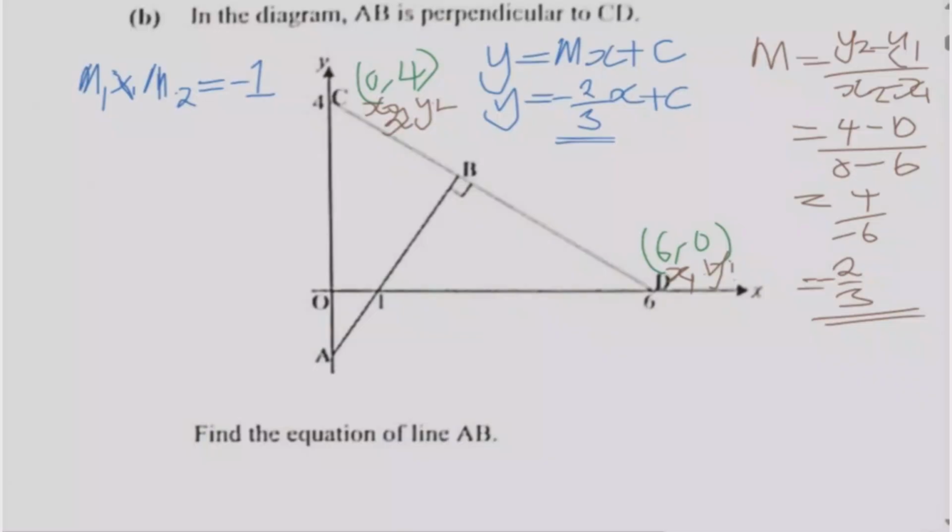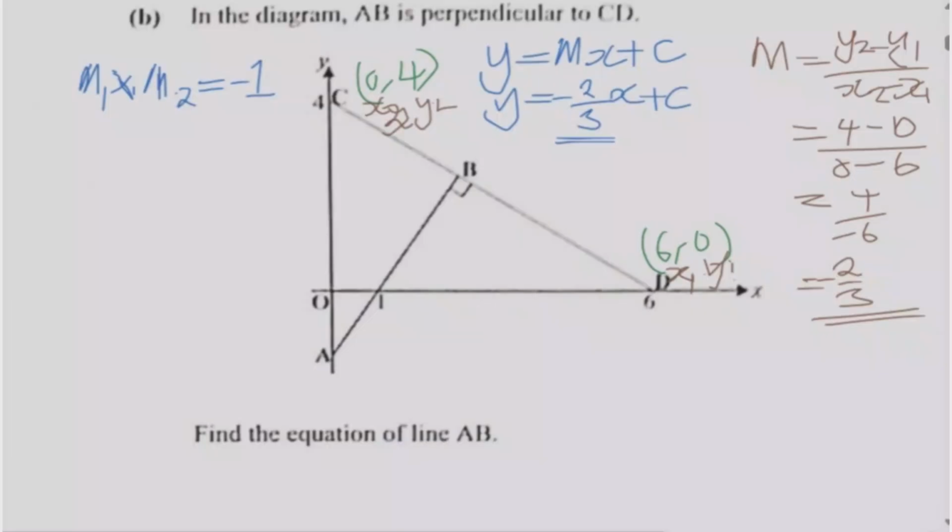if the gradient of the line CD is negative, like we have gotten a negative, that means the gradient of the line AB will be positive, and it should be the inverse of that gradient. When I say multiplicative inverse, I mean when you multiply them, it should give you negative 1.